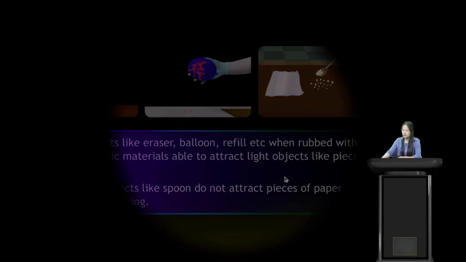So we see that all objects do not show this property. Some objects like eraser, balloon, refill, when rubbed on a specific material, will attract the small pieces of paper. But some objects like steel spoon, even after rubbing on a specific material, do not attract the small pieces of paper. So this property is not shown by all the objects.